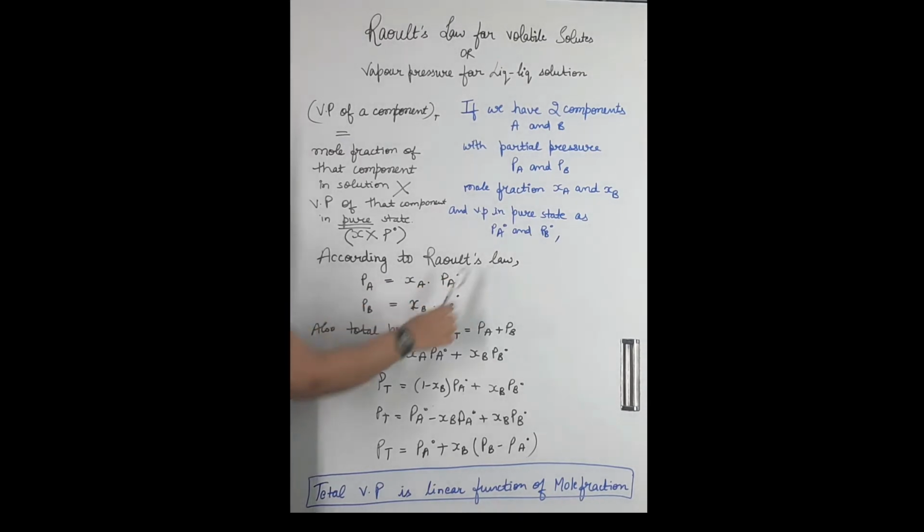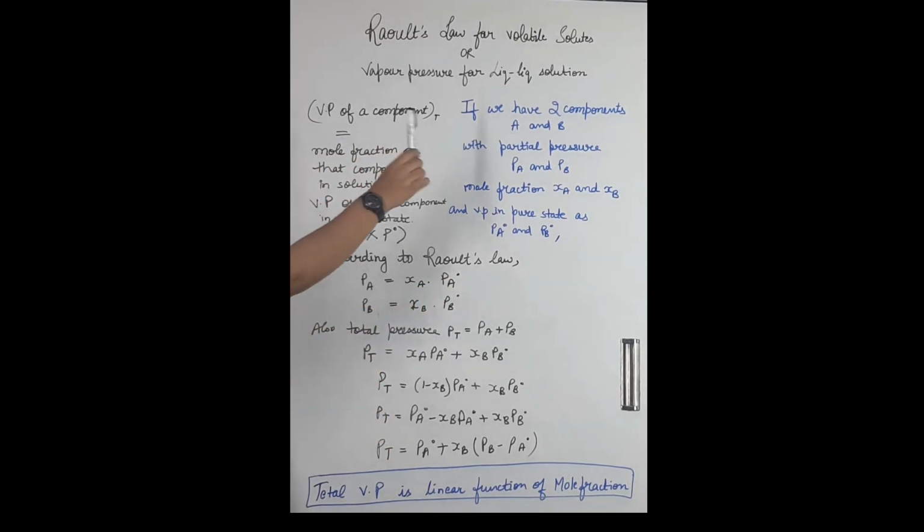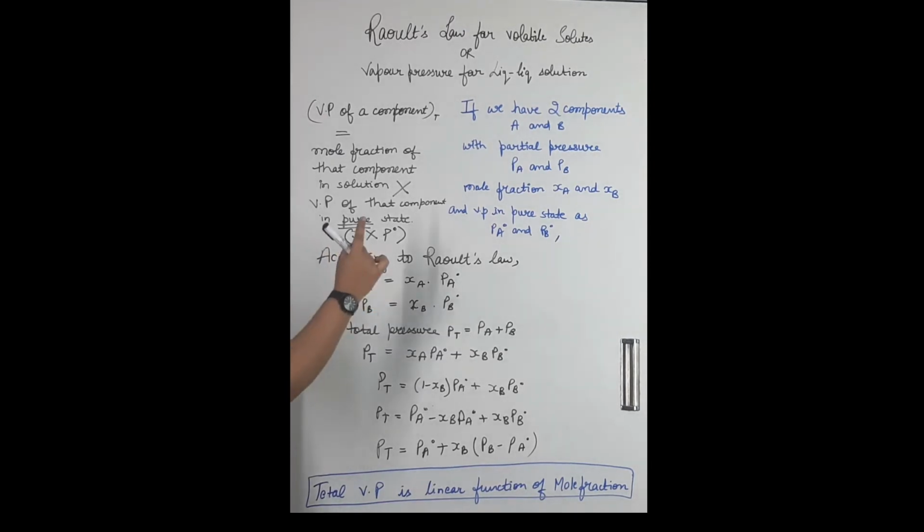So according to Raoult's law for volatile solutes, here students, you should also understand what volatile solutes means. Consider a beaker having a solution consisting of the A as well as the B component.